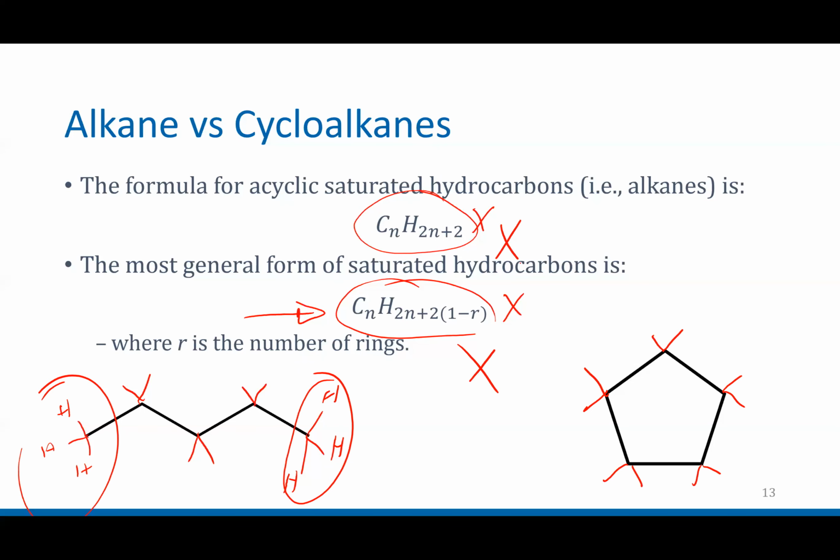One thing I'll mention too is don't forget that magic number of 4. Every carbon has 4 bonds. It could be to a couple hydrogens. It could be a double bond with another carbon and then 2 hydrogens. But every carbon, and this is a mistake I'll never forget. In my first organic chemistry course in university, I did a test or an assignment and I forgot to put 3 bonds on something.